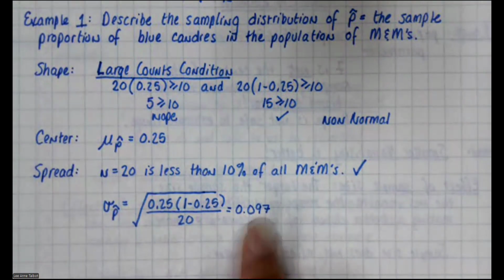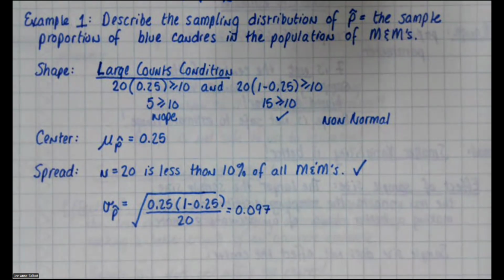And you might think that that's a weird decimal, but that shouldn't be that weird considering the center was 0.25. So when you're dealing with proportions, they're going to be decimals and the standard deviations are hopefully going to be small because you're counting by decimals on each side.